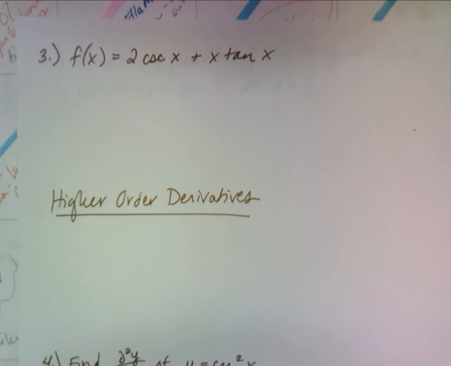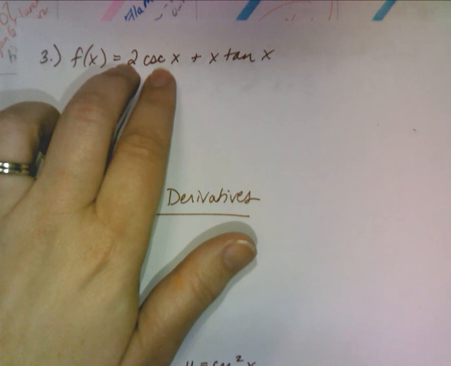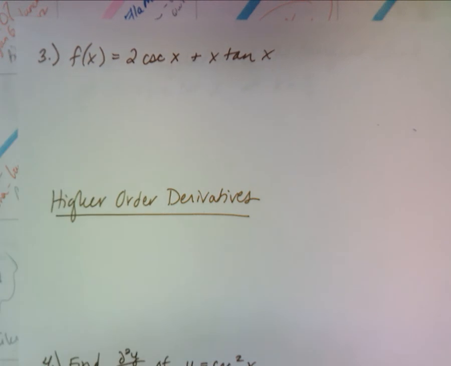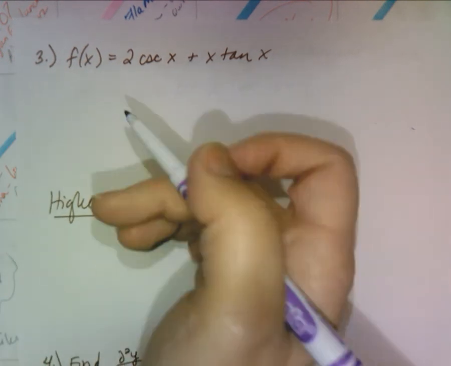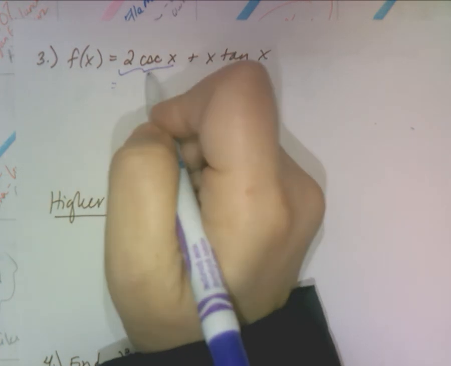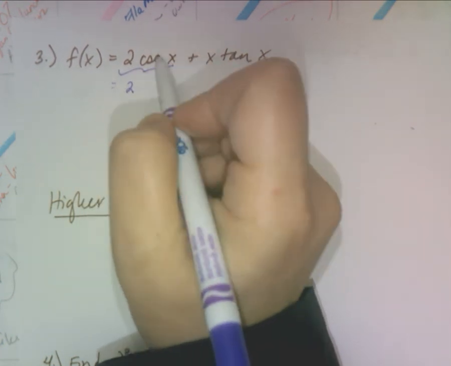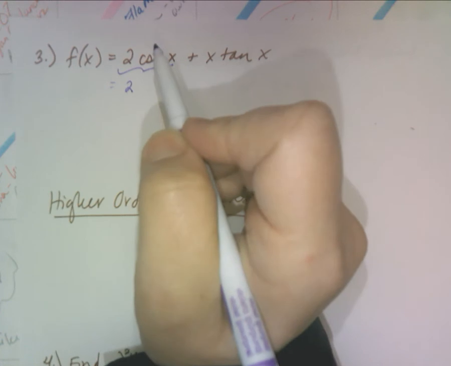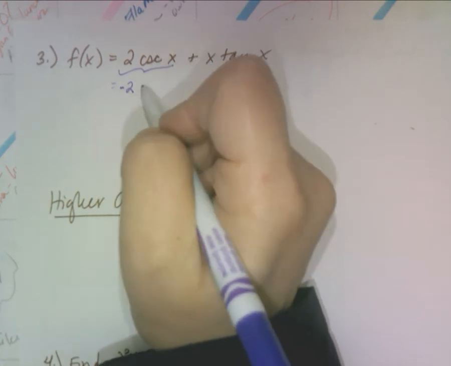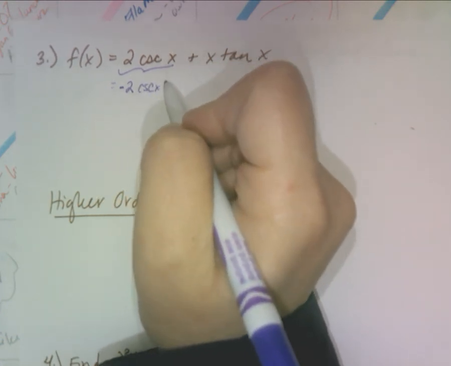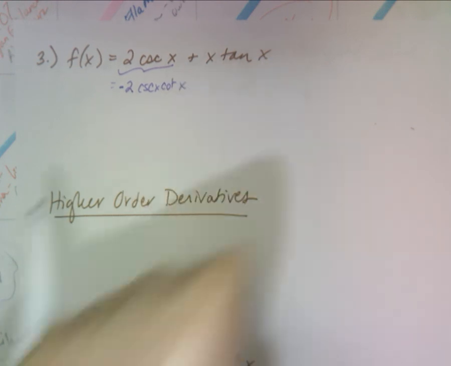Well, we've talked about this before: when we have these coefficients in front, they just attach themselves. You could do a product rule here, but what you'll end up with is the coefficient in front. So the derivative of this would be 2, and the derivative of cosecant is negative cosecant cotangent. So put the negative here, cosecant x, cotangent x.